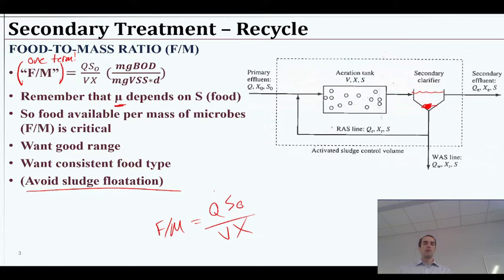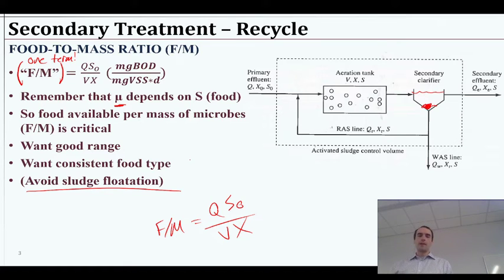So that's not really an option. That's just what it is. Likewise, the inflowing substrate concentration, maybe we could dilute it, but that would also change this, so that wouldn't really make a difference, right? The product of these two is something we can't really change very much. Maybe we could add more food if we had to. That's not something we'd be likely to do.